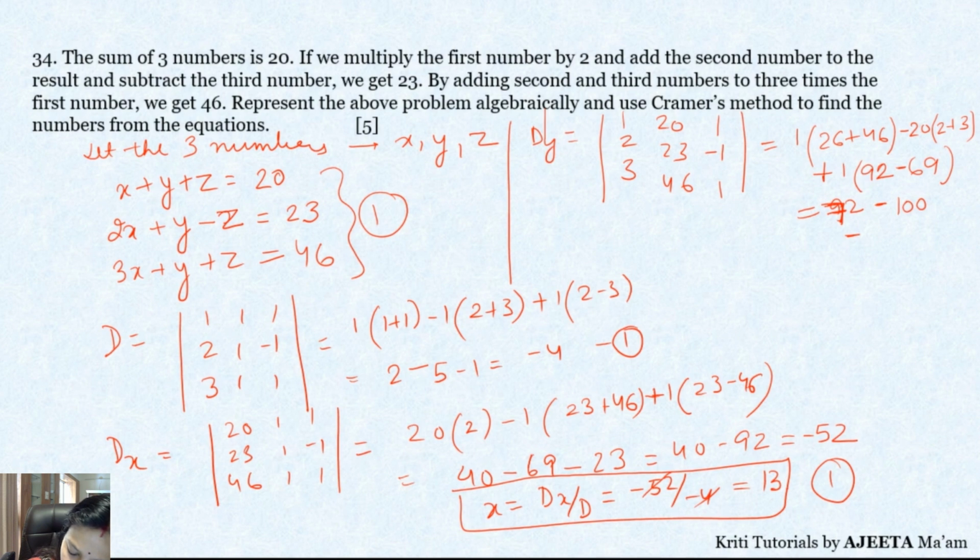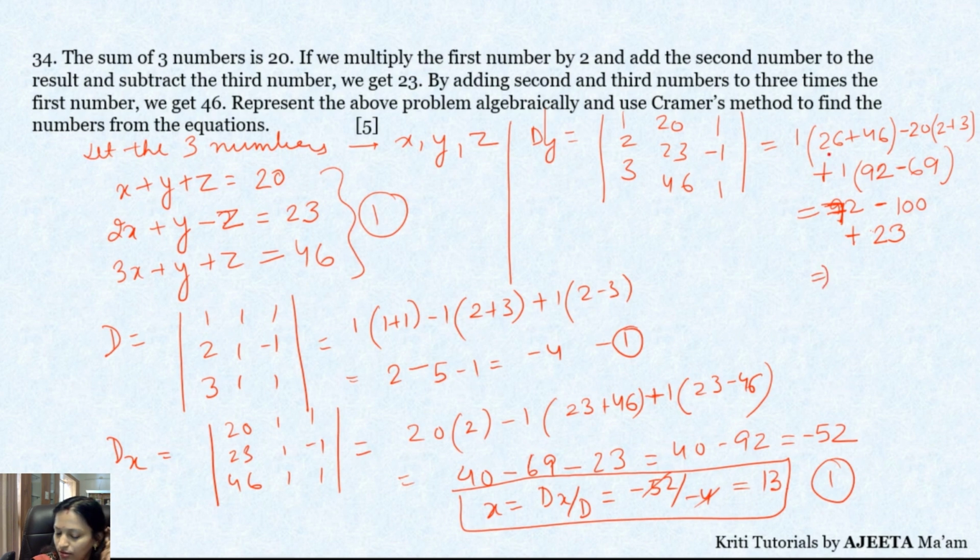And again I've written minus 1. Every time I'm making the same mistake. Correct? Okay, now we get here 3, and here we get 23. So what do we get here?